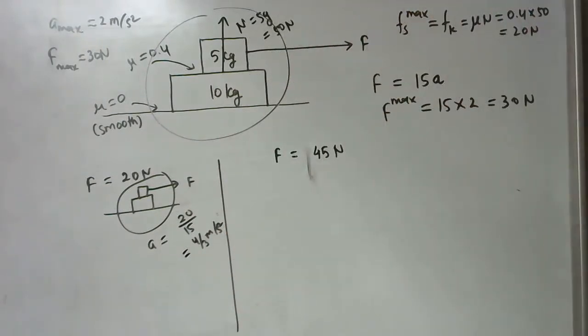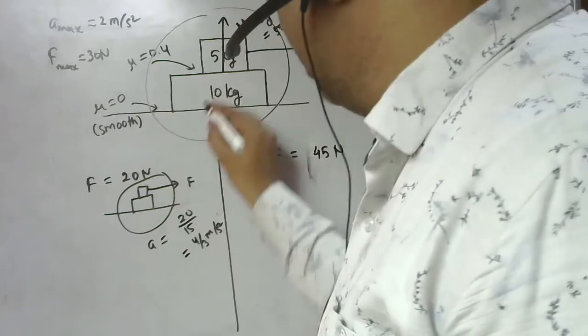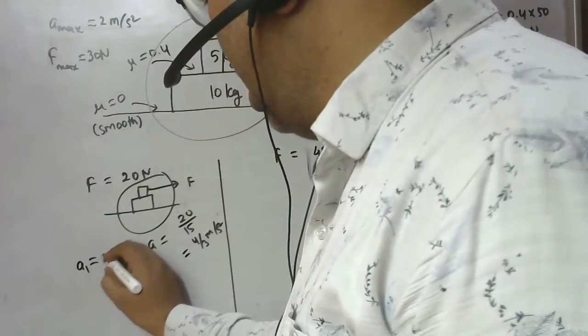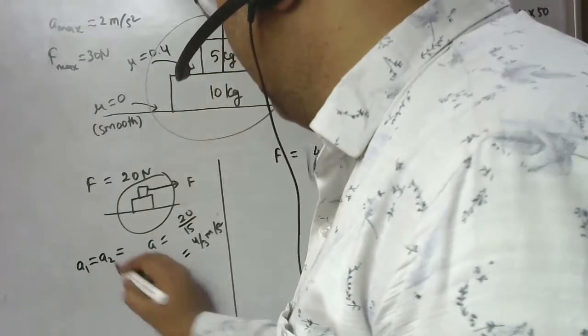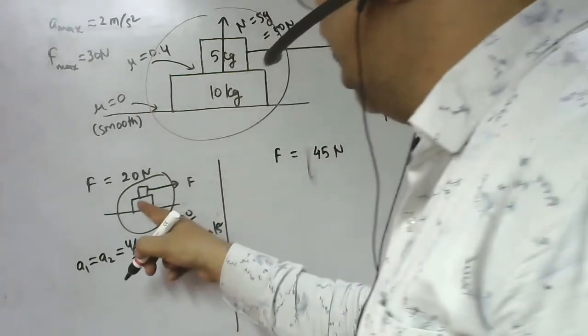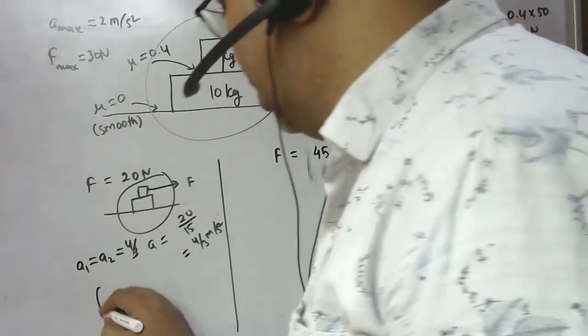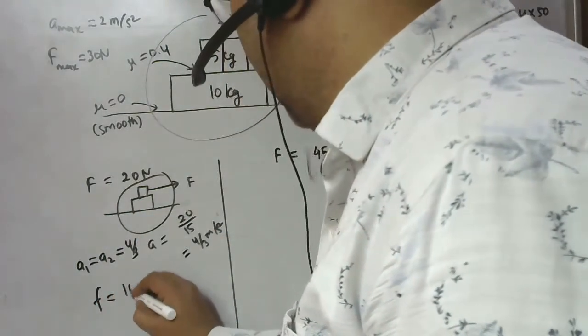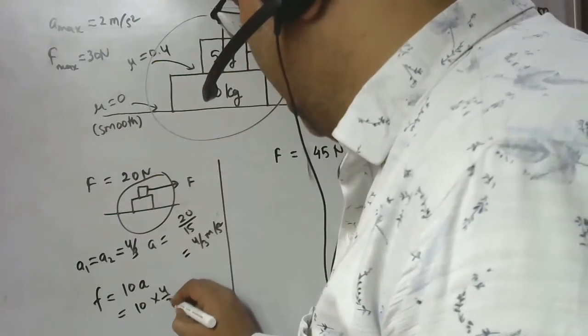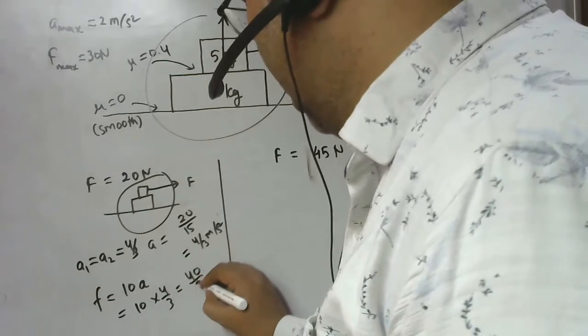And the friction force: this acceleration both blocks will have, a1 equal to a2 equal to 4 by 3, and we know the lower block is accelerated by friction only. So friction between the two blocks will be 10a, I mean 10 into 4 by 3, which means 40 by 3 Newton.